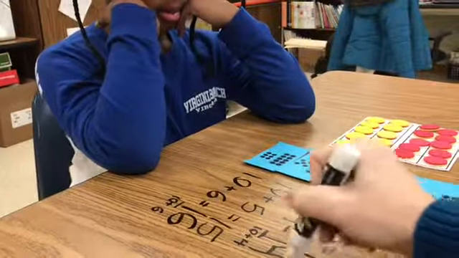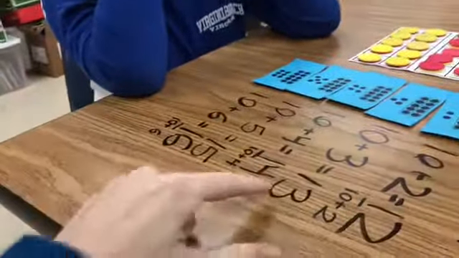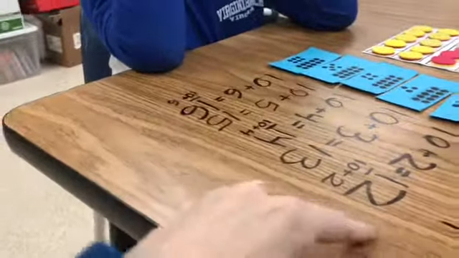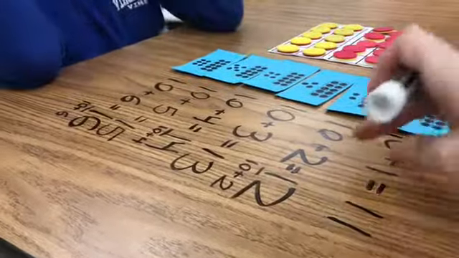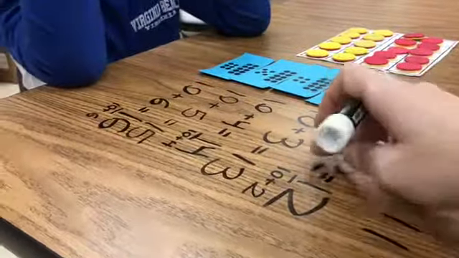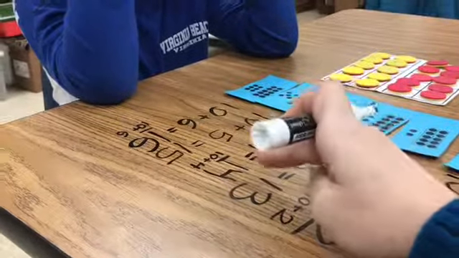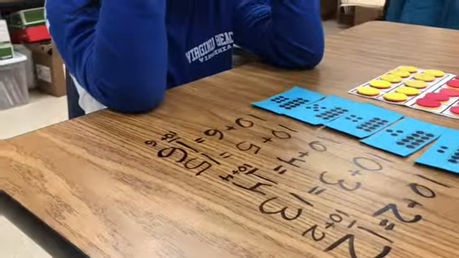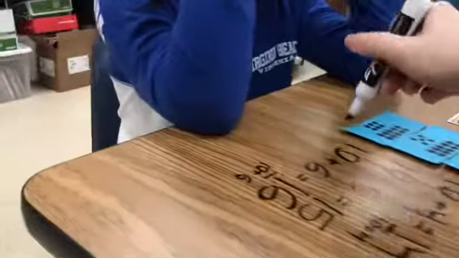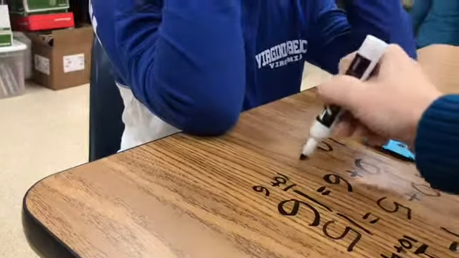Okay. The digit in the ones place is going to be the same, right? Yes. All right, so if 10 and 1 more is 11, 10 and 2 is 12, 10 and 3 is 13, 10 and 4 is 14, 10 and 5 is 15, 10 and 6 is 16, what do you think 10 and 7 would be?